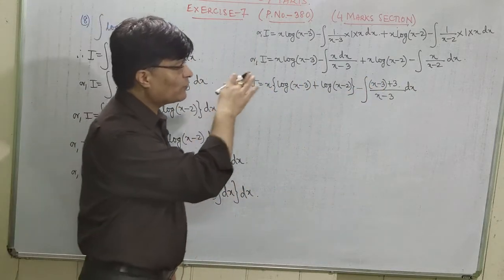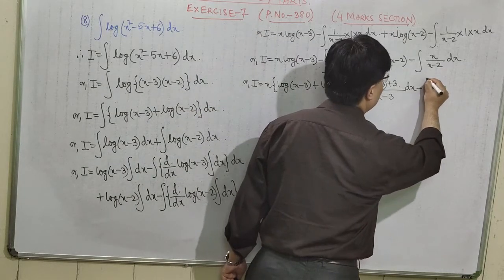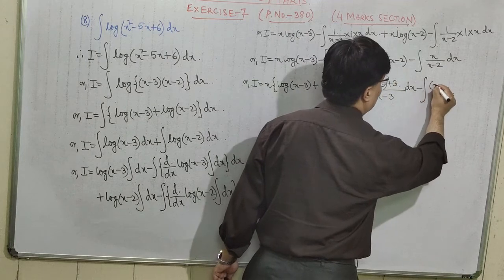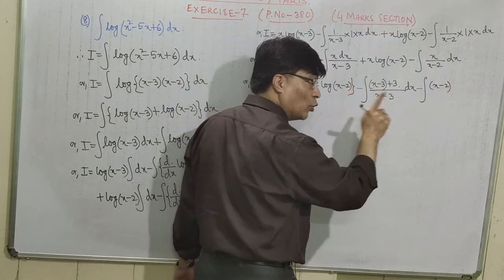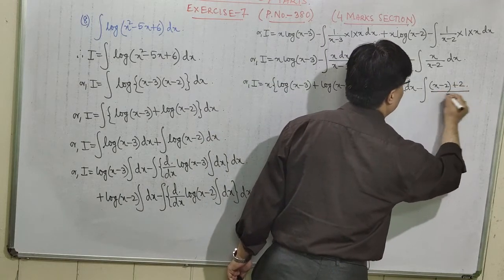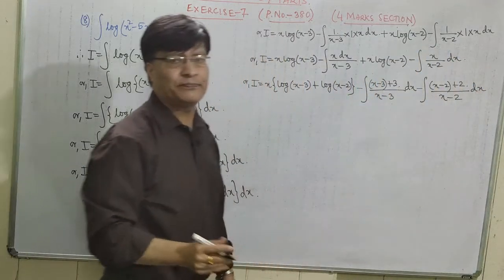So same method is used for that last integration. Okay. So minus integration of, here also you can use the same method. Let us write x minus 2 in the numerator, but there is only x, no minus 2. So you have to cancel it. Plus 2 divided by x minus 2 dx.